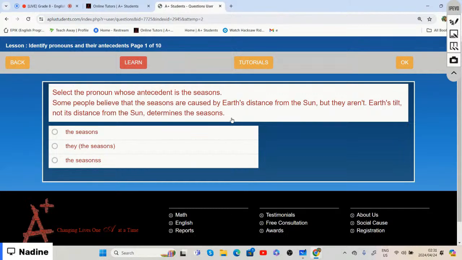All right, so some people believe that the seasons are caused by Earth's distance from the sun, but they aren't. We need to determine the seasons.